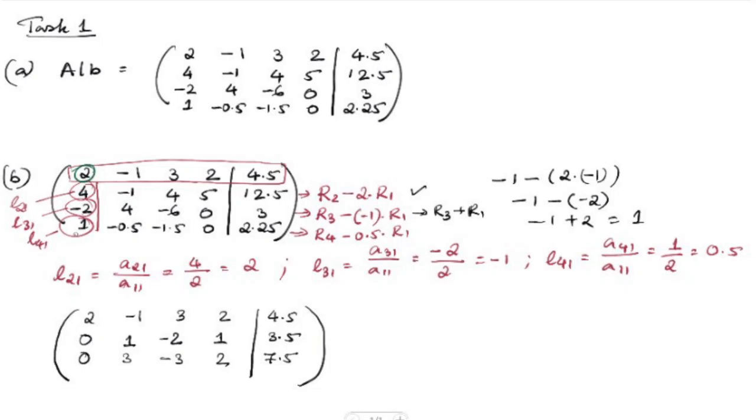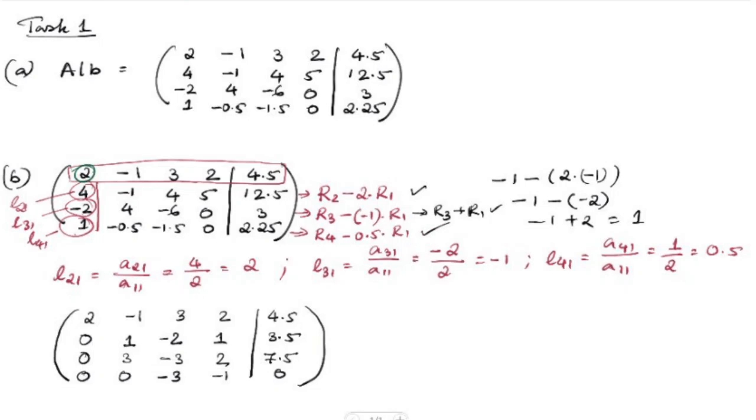So 1 minus 0.5 times 2, which is again 0. So we successfully finished making the first column all the elements 0 after the first element. And then for these values here, we have 0, minus 3, minus 1, and here we have 0. So now we are done with step 2, and we are done with all the operations here.